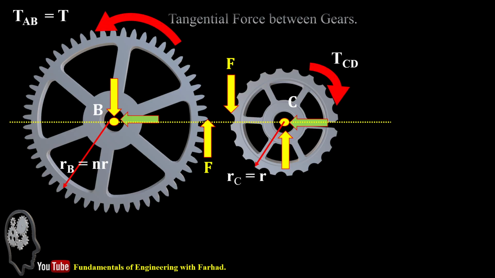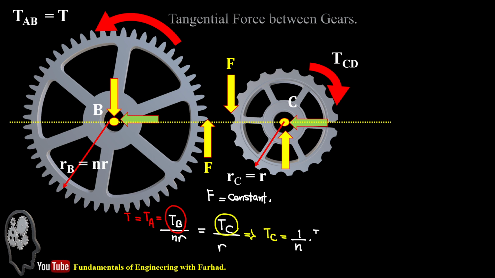The tangential force between the first set of gears, as you can see, there is the same amount of tangential force between them. So if F is constant, then for gear B, T sub B over its radius is equal to T sub C over its radius.